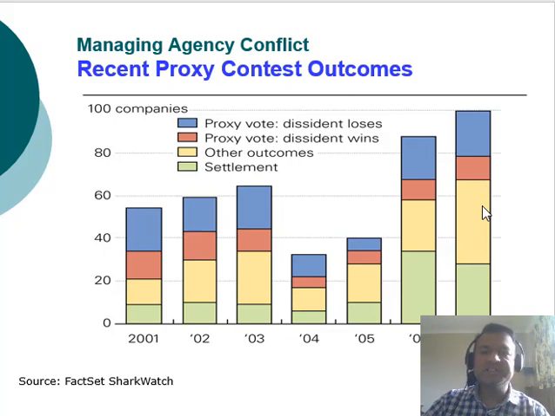Because whenever there is a proxy contest, the management knows that the shareholders are not happy with the management's decisions or the way management is running the company. So they try to minimize the conflict between the shareholders and the management, and quite often the other outcomes and the settlement are the major outcome for the contest.